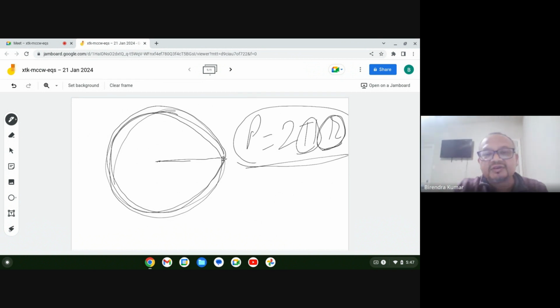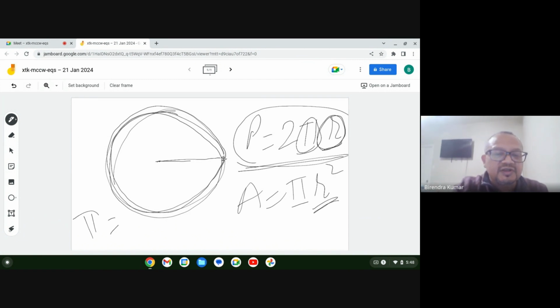Right now, you can remember the formula: perimeter is 2 pi r and area equals pi r square, where r is the radius and pi is a constant whose value is always 22 by 7 or 3.14, whatever in fraction. The perimeter of a circle is nothing but the whole circumference.